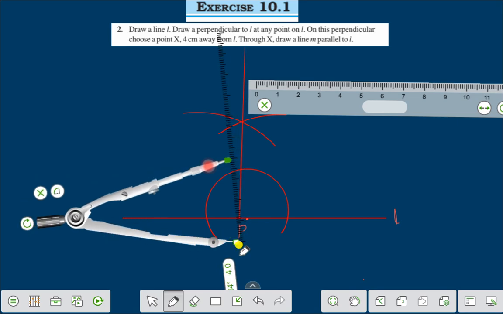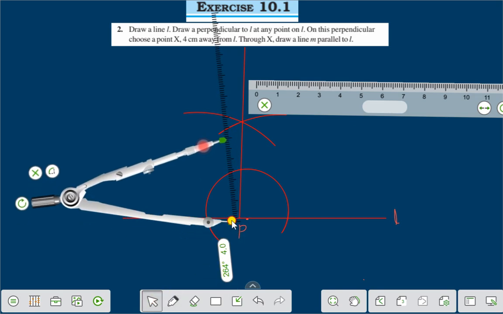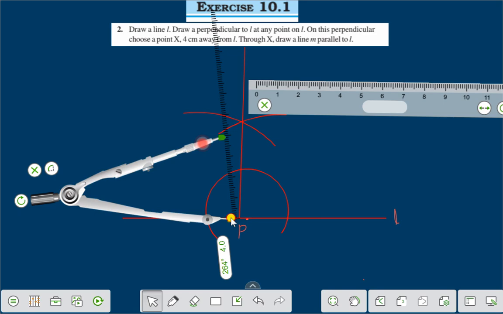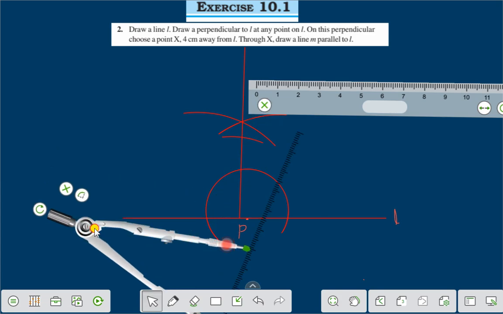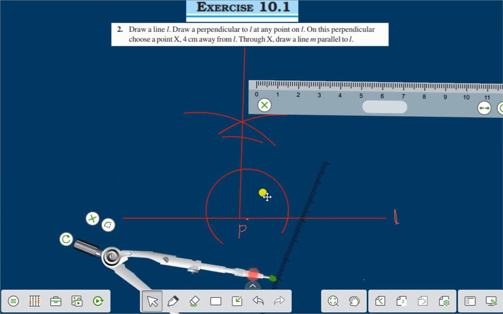Therefore, you have to put this pointer at the point P and take 4 cm here, right? That means we got this point 4 cm away from L.